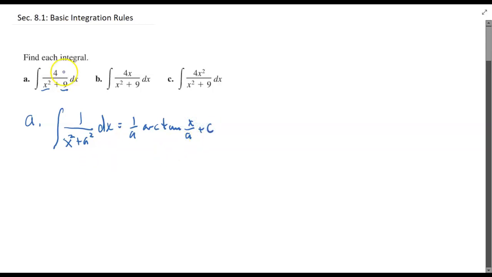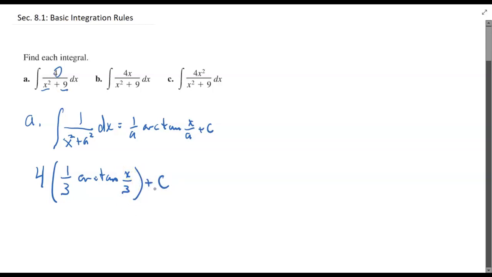A in this case is 3. What about that 4? We'll just put it in front. So it's going to be 4. I keep forgetting the 1 over 3, the 1 over a. 4, and then 1/3, because a is 3, arctan of x over 3 plus c.